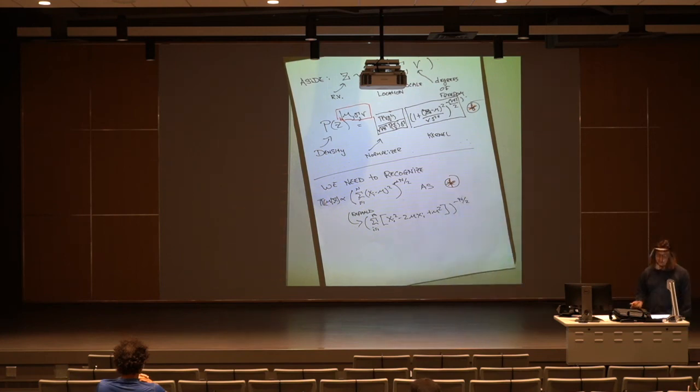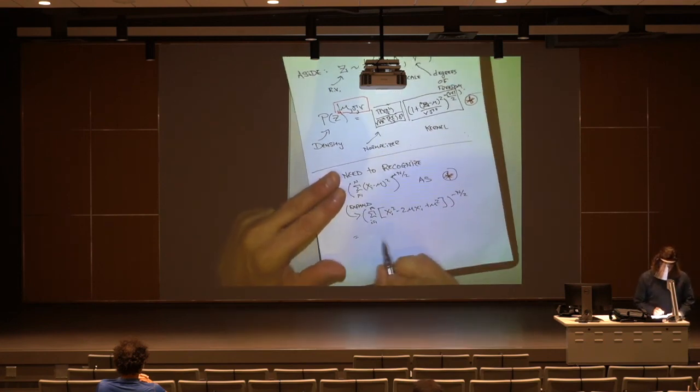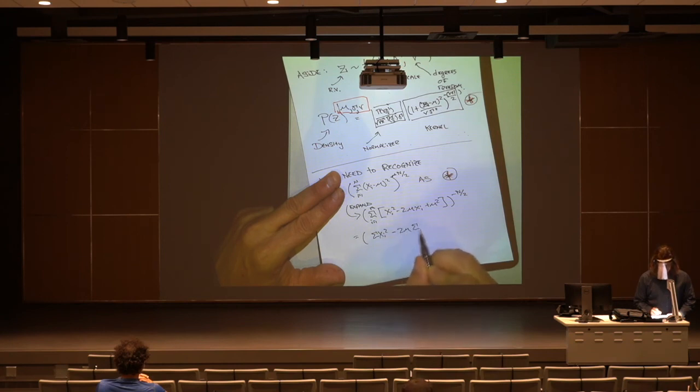Close that brace. Now I'm going to expand everything. So this is just going to be the sum of the x_i squared minus 2 mu sum of the x_i plus n mu squared. No indexing there.